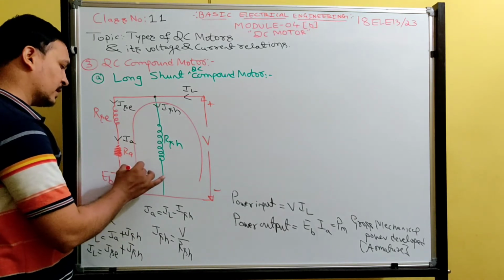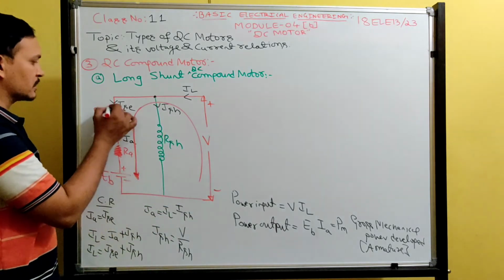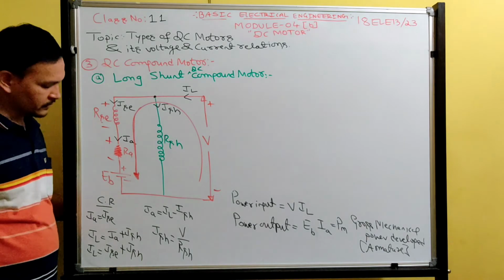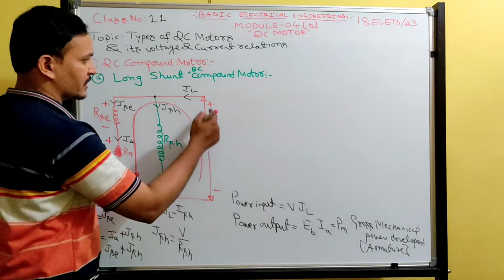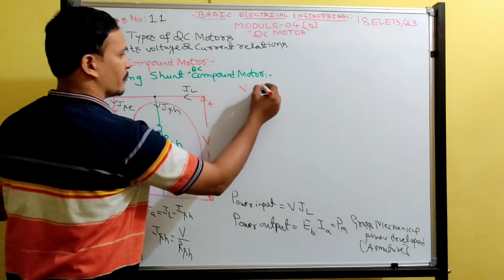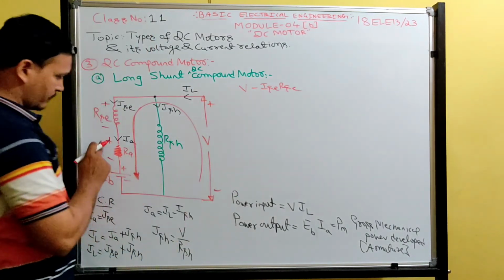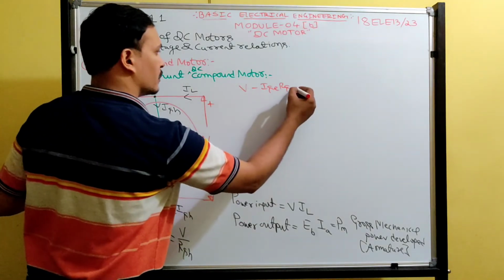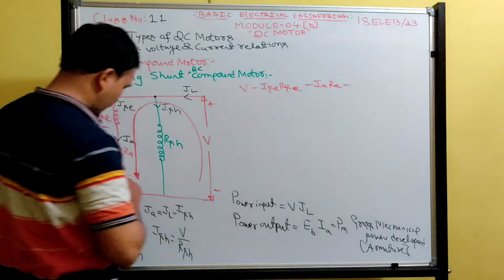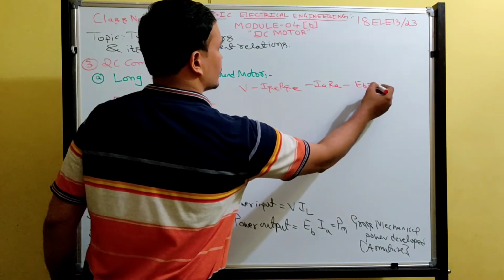Before applying KVL, mark the sign convention: current enters plus, leaves minus. Minus to plus is rise: V. Plus to minus is drop: minus ISC RSC, minus IA RA, minus EB equals 0.